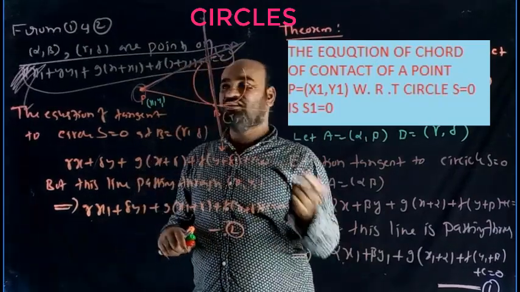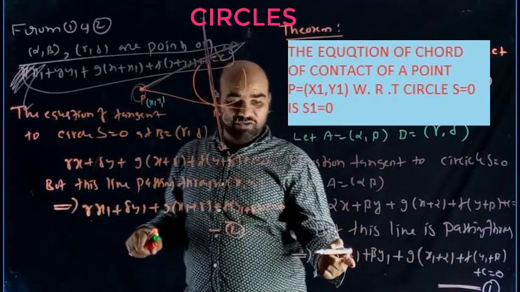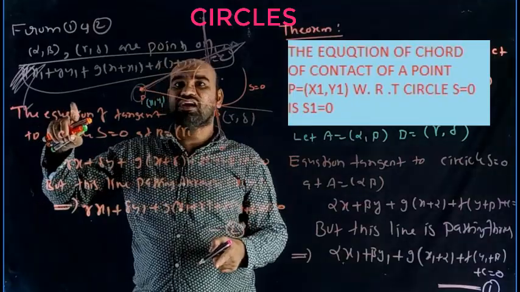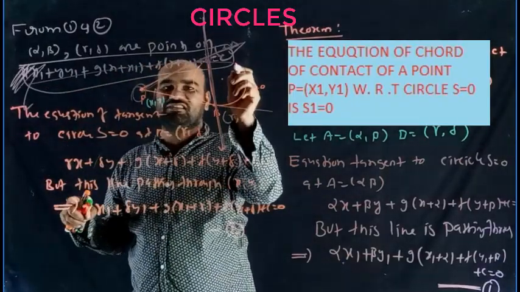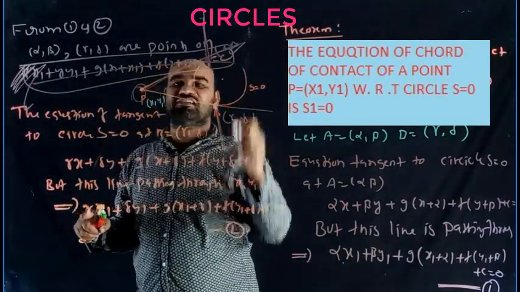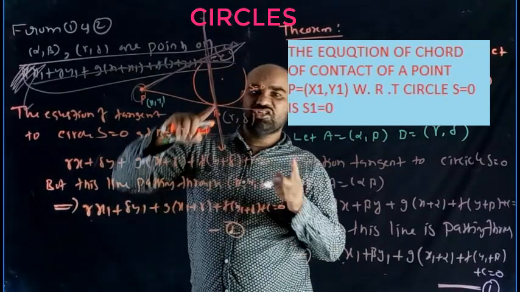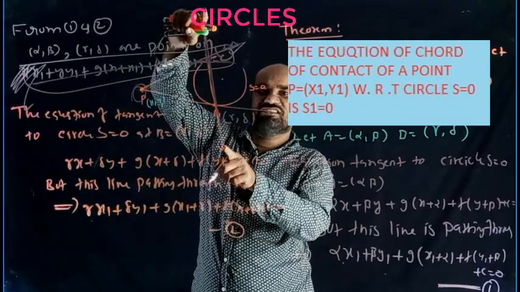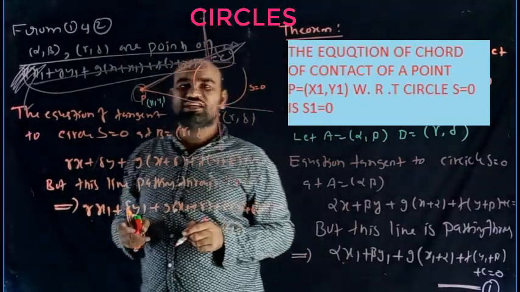You got one result. Similarly you got the second result. Using 1 and 2 we concluded that alpha comma beta and gamma comma delta are points on this straight line. Two distinct points can draw only one straight line, which is represented by this. That's why S1 equal 0 is the equation of the chord of contact.